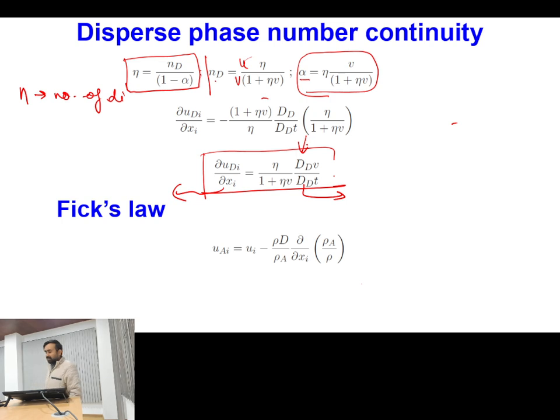Now sometimes we come up with a situation where all the phases are very homogeneously intermingled with each other, and this situation particularly comes when we talk about gaseous mixtures. In case of gaseous mixtures, one gas is completely dispersed in the entire volume.